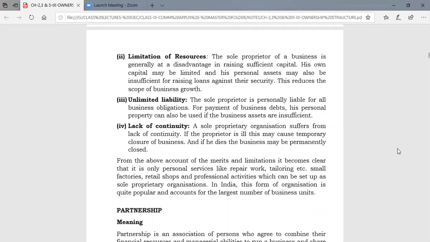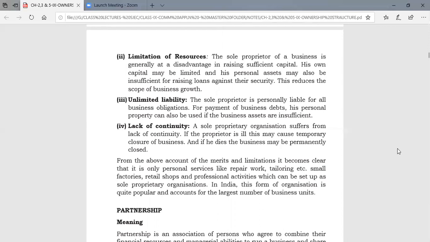How much can a person invest in his business on his own? Therefore, for running this type of business, sometimes it happens that it faces a crunch of capital.